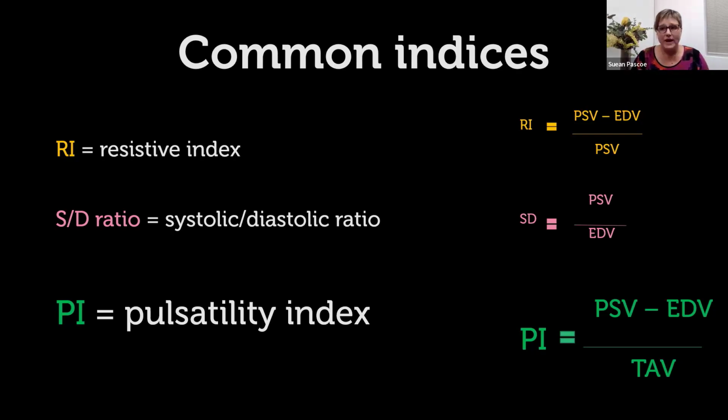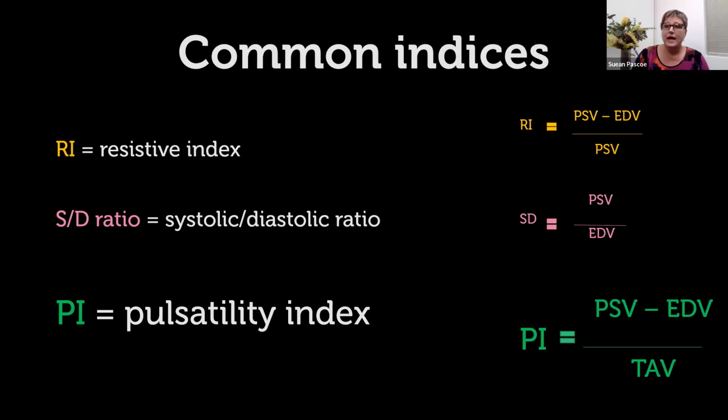The pulsatility index in particular is the one that's commonly used around the world and the preferred index, especially for research purposes, because the pulsatility index will show a linear correlation with vascular resistance, and it uses time averaged velocity. So in that ratio, it includes temporal information over the whole cardiac cycle. And the pulsatility index is much more reproducible than other indices.